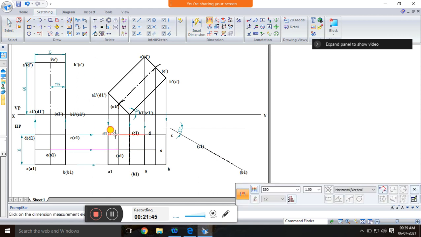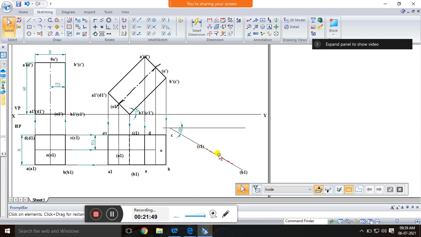Better, first measure the distance from here to here. With the help of the scale it is 17.5. So draw from the center to here a perpendicular line, from here and here. So exactly perpendicular. You just draw the line like this.